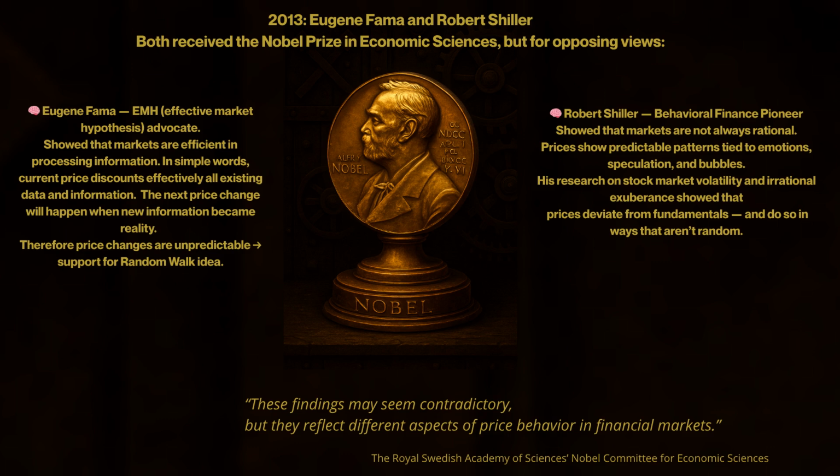When the market is calm, liquid, and stable, Fama's theory tends to dominate. Information flows, prices adjust, and prediction becomes nearly impossible. But in times of panic, hype, or bubbles, Shiller's world takes over. Emotion distorts the signal, and irrational behavior creates opportunity or disaster.